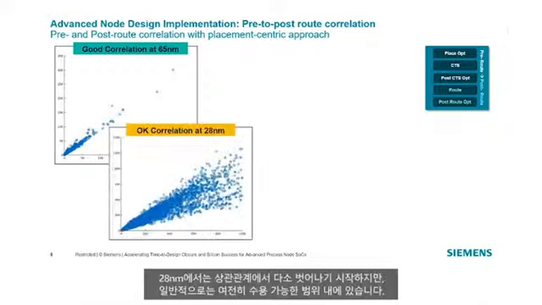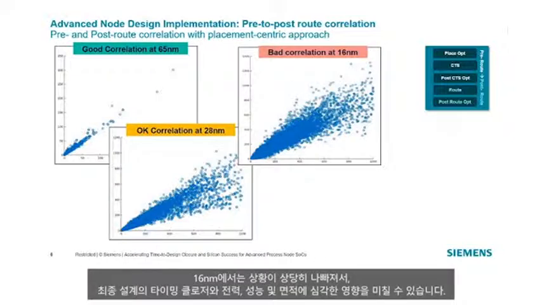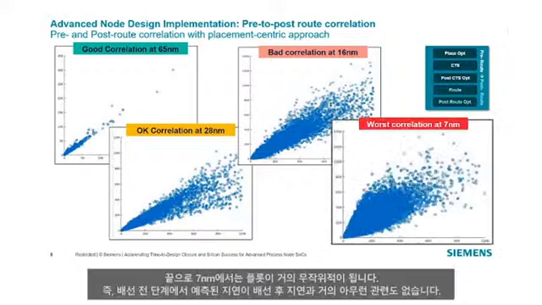At 28 nanometers, the correlation starts to diverge a bit, but is still generally acceptable. And at 16 nanometers, it gets quite bad and can severely impact timing closure and power performance in the area of the final design. Finally, at 7 nanometers, we have an almost random plot where the predicted delay in the pre-route stage almost has no bearing on the post-route delays.